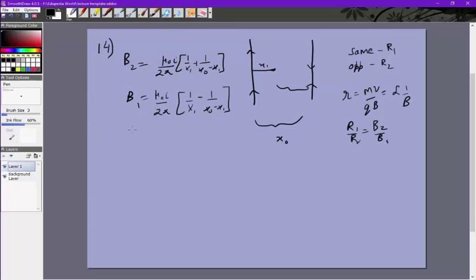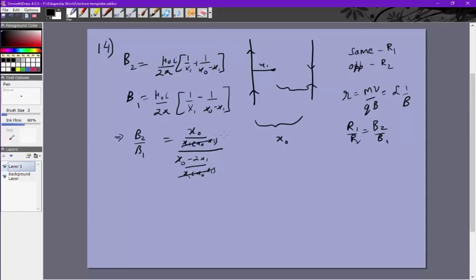Right, the ratio of these will be B2 by B1, which is the answer we are looking for, r1 by r2, which will be, this is x0 minus x1 plus x1, so x0 by x1 times x0 minus x1, divided by x0 minus x1 minus x1, so x0 minus 2x1, by the same denominator, x1 times x0 minus x1.